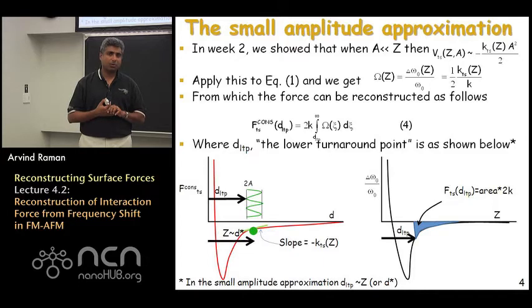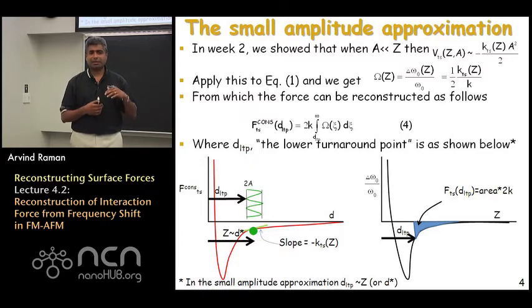As we have discussed before, the length scale of interaction forces, especially when you're trying to do short-range chemical forces, is going to be less than 1 nanometer. So in order for the small oscillation amplitude assumption to apply, you would need very, very small oscillation amplitudes.